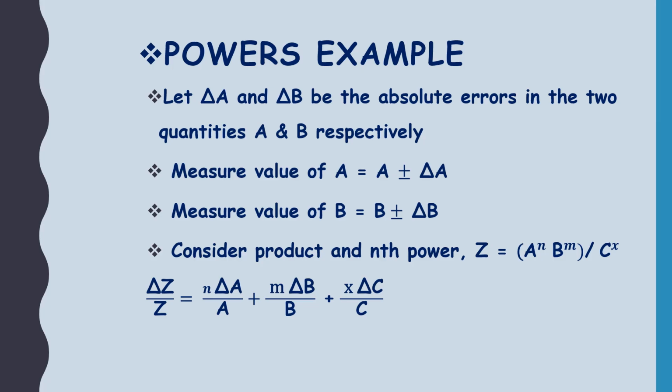So the error in z will be delta z divided by z is equal to the power n multiplied by the fractional error in a plus the power m multiplied by the fractional error in b plus the power x multiplied by the fractional error in c. Whether the quantities are in multiplication or in division, the errors are added individually as their fractional errors.